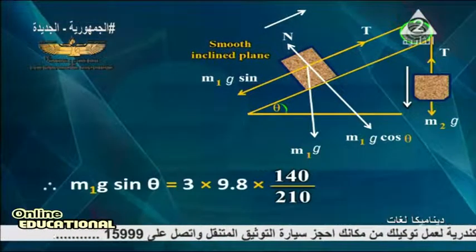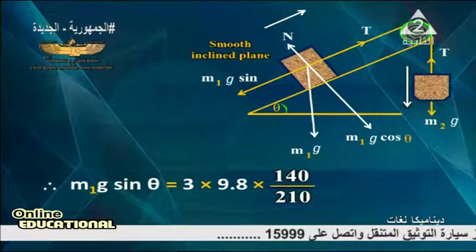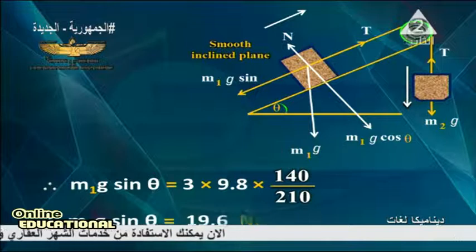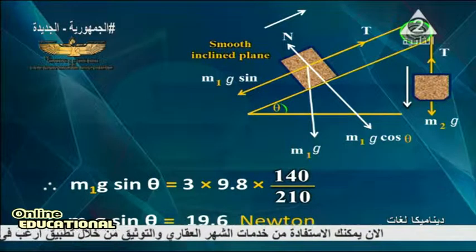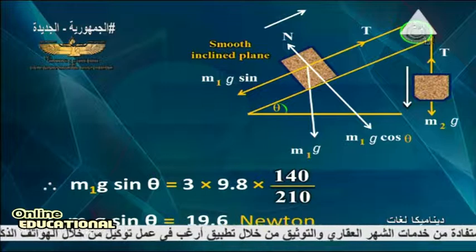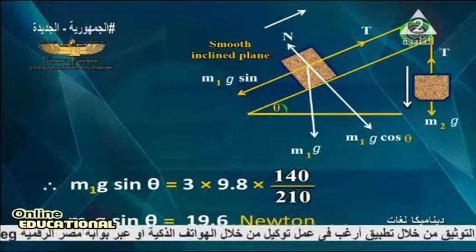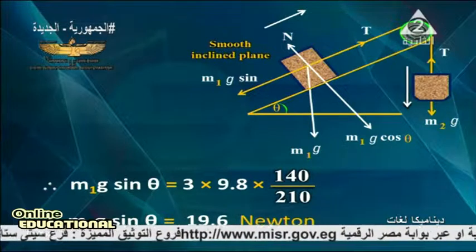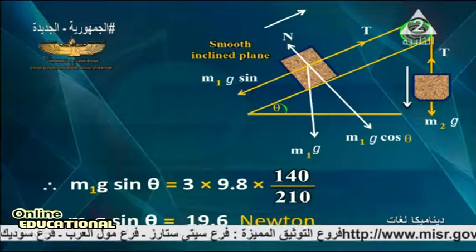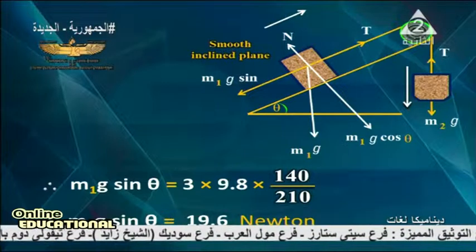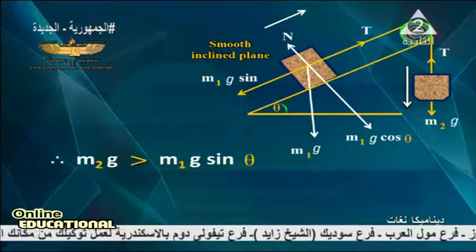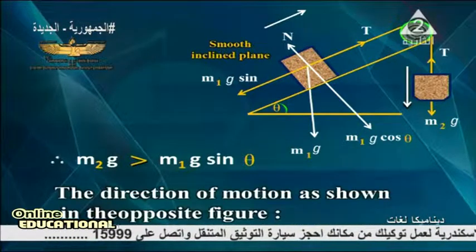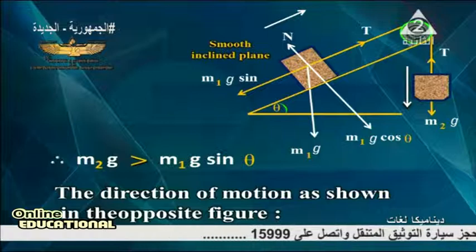And M1g sine theta equals 3 times 9.8 times 140 over 210, then M1g sine theta equals 19.6 Newton. And we know that M2g, which equals 39.2, is bigger than M1g sine theta, which equals 19.6 Newton, and the direction of motion is as shown in the opposite figure.